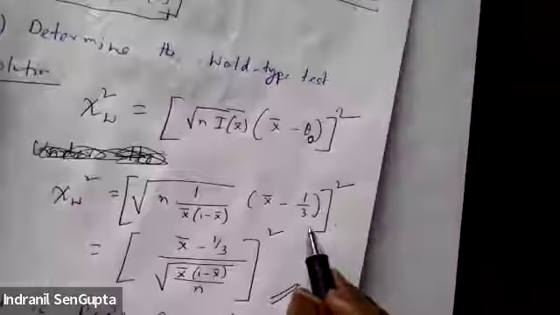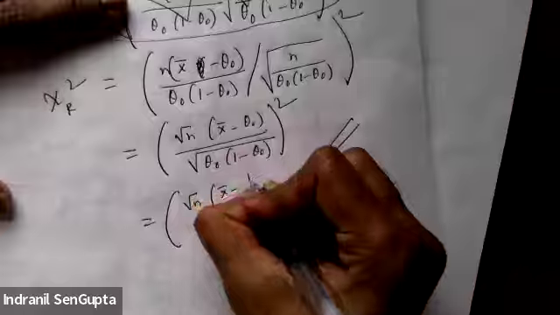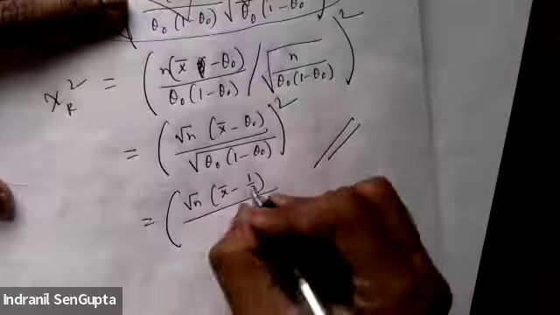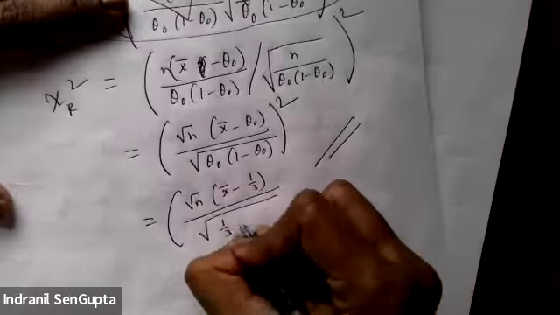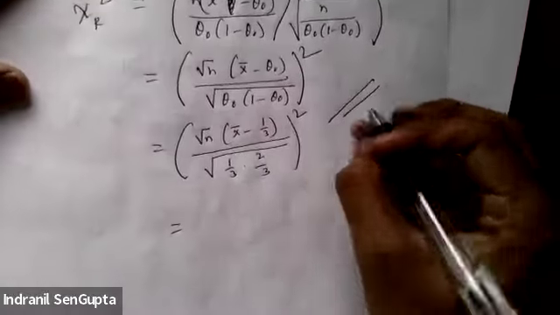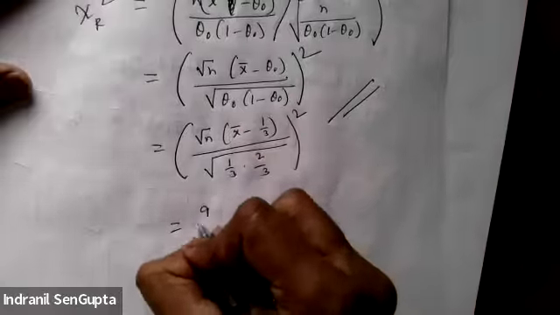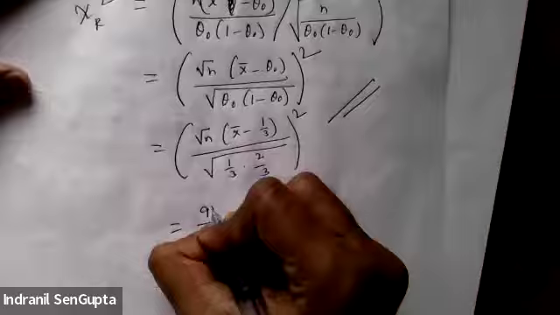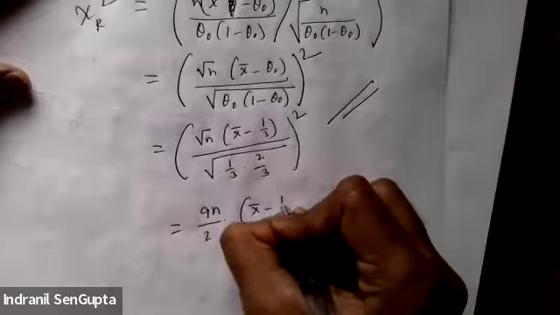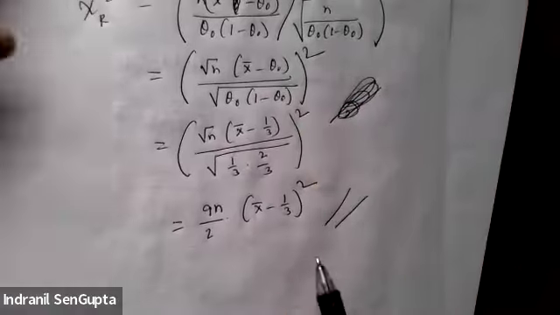Now theta 0 is 1/3, so I can simply write 1/3 wherever I see theta 0. So it's n times x bar minus 1/3, squared, over 1/3 times 2/3. This is really speaking 2 over 9, so it's 9 over 2 times x bar minus 1/3 squared. So this is the Rao test statistic.